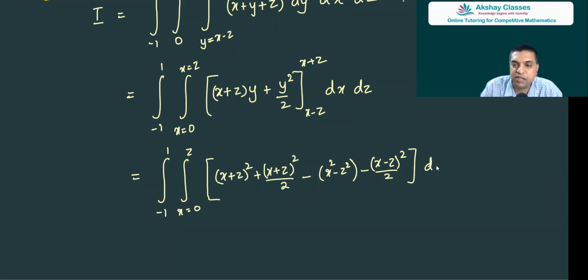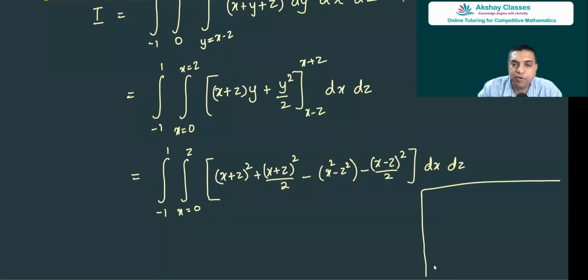All right. So dx dz. Now we'll have to simplify this. I'll simplify here instead of doing the full calculation.